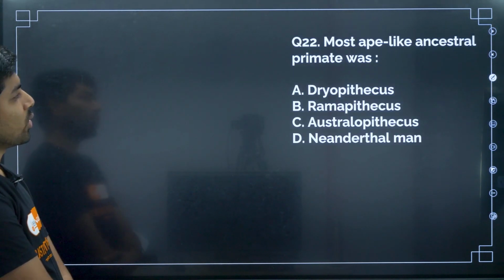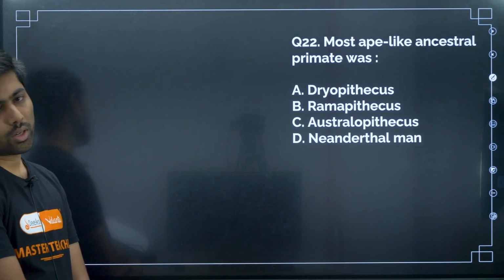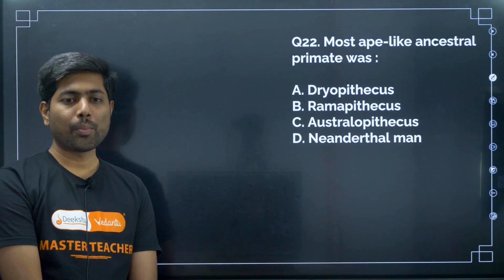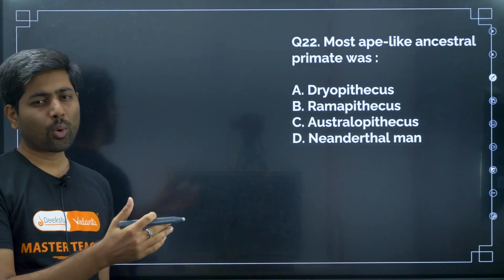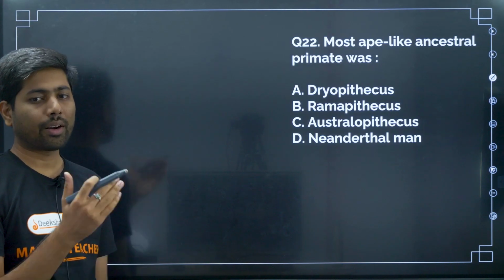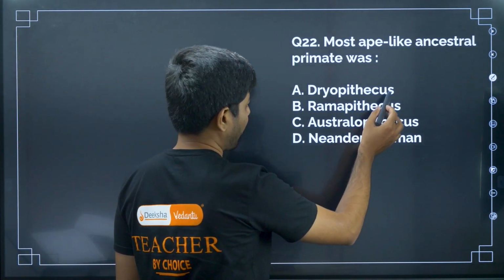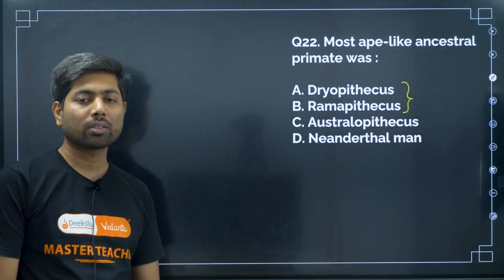Look at 22. Most ape-like ancestral primates were what, right? Now, if you look at the evolution of humans in NCERT, they start with Dryopithecus, Ramapithecus, right? Now, the answer has to be among these two, Dryopithecus and Ramapithecus. Then comes Australopithecus, Homo habilis, right?